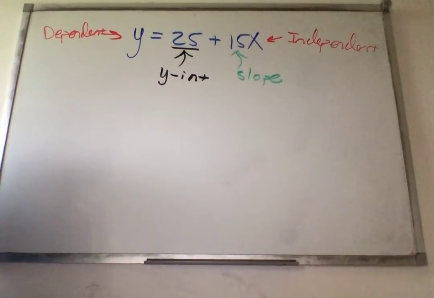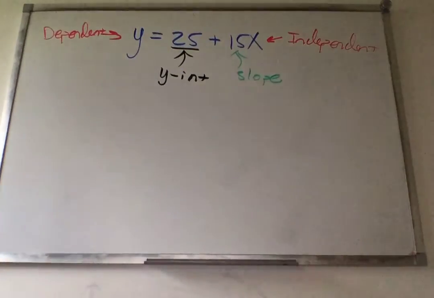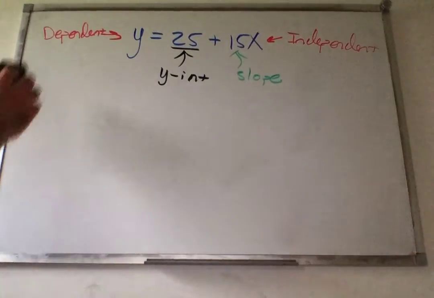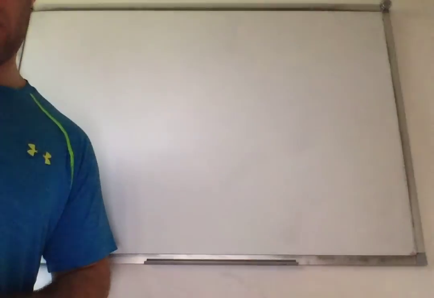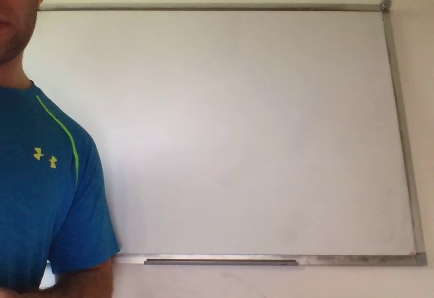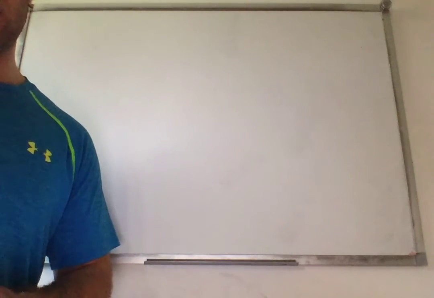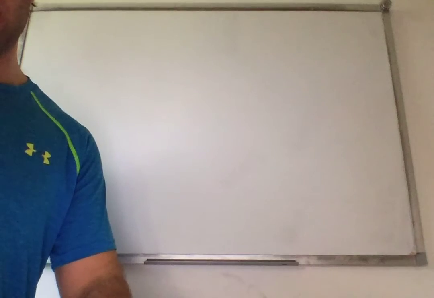Let's talk about how to actually write the equation of a line. Last example in this section. These sections are fairly quick. It says Aaron's word processing service does word processing.